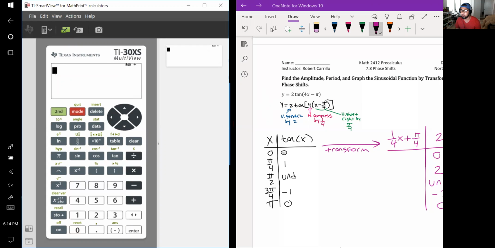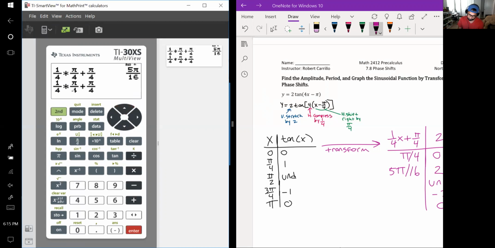Okay, first one simple. If you plug in 0, you get 1/4 times 0, which is 0, and you'll get pi over 4. All right, next one is 1/4 times pi over 4 plus pi over 4. And we're going to get 5 pi over 16. And then next is for pi over 2, so just copy and paste.